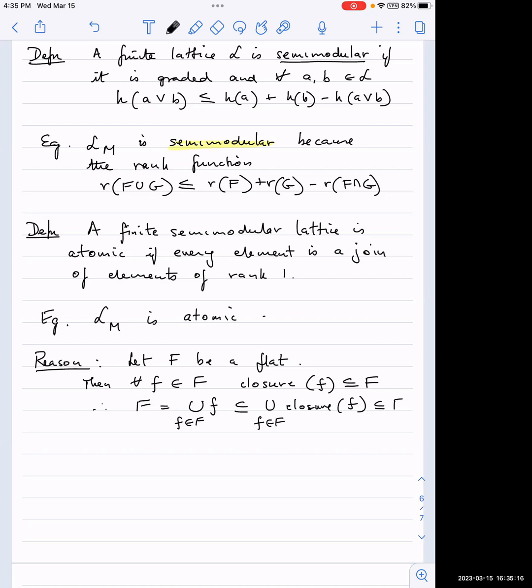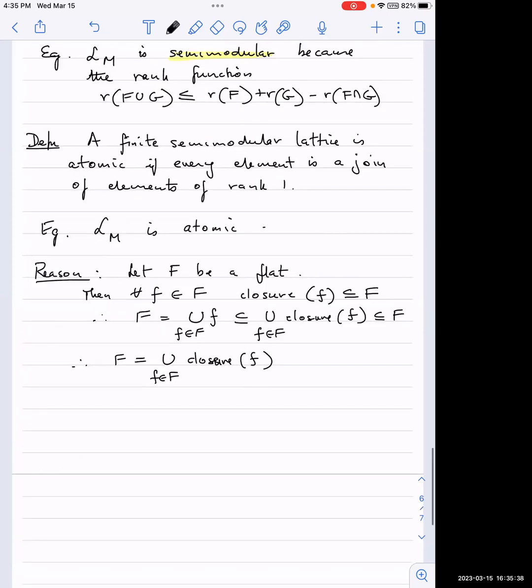And that's contained in F, because every closure is contained in F. So equality holds throughout. So F is the union of the closure of all its elements. Essentially, this side is obvious. We did the other side to show equality.